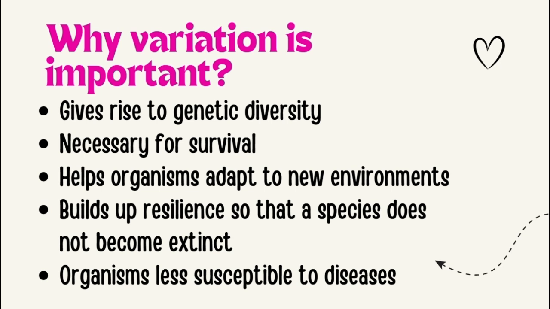If that disease can kill the parent, it will kill off the entire 20, and that puts the species at risk of extinction because they can't adapt to the environment. They have the same exact traits, the same exact genes. So the parent is dead and all of the offspring are going to die as well.